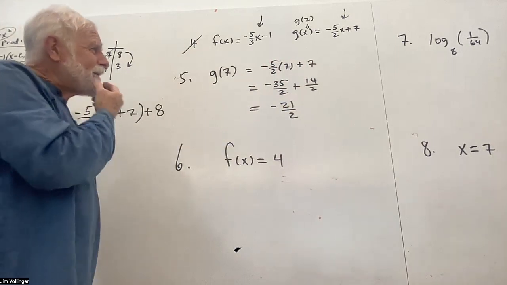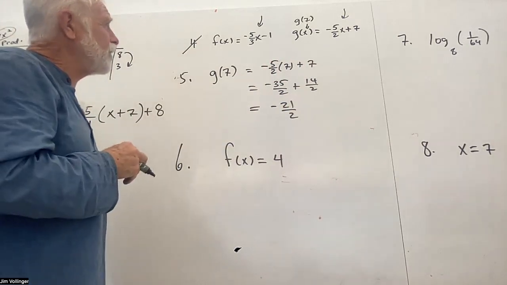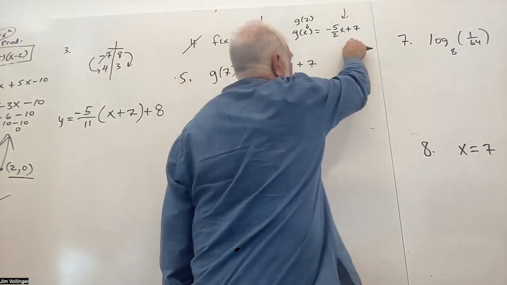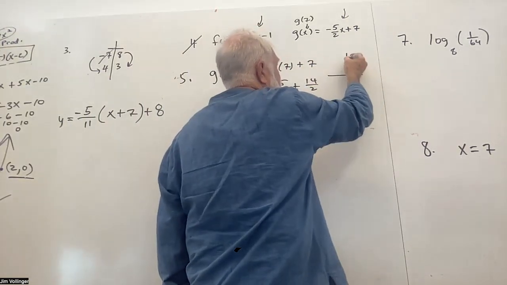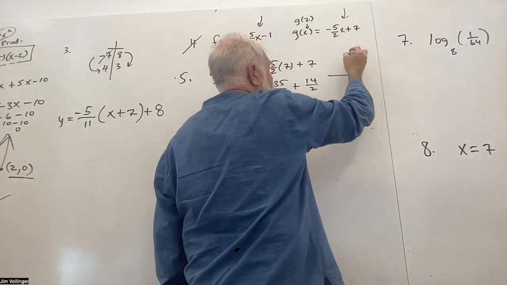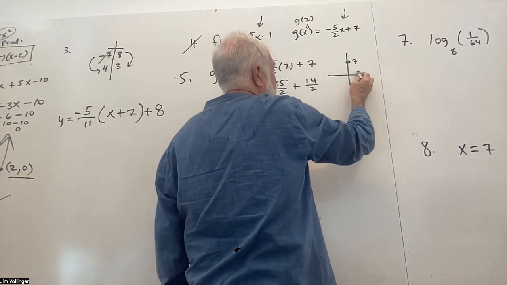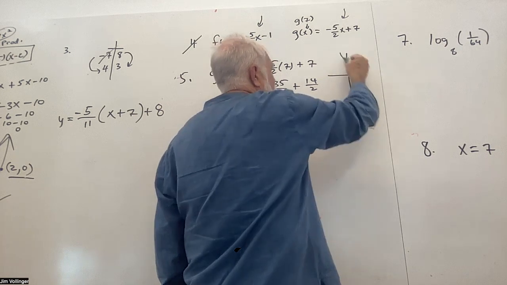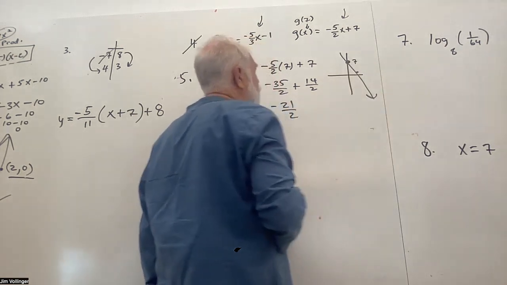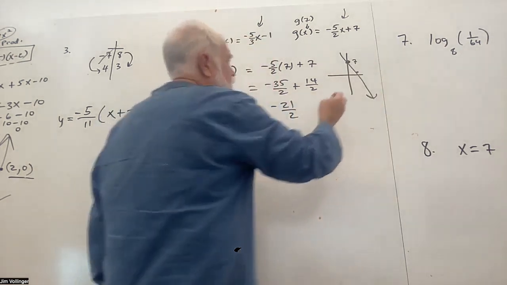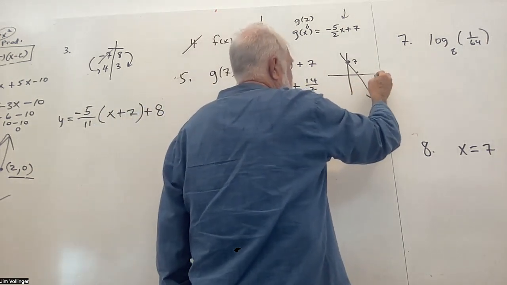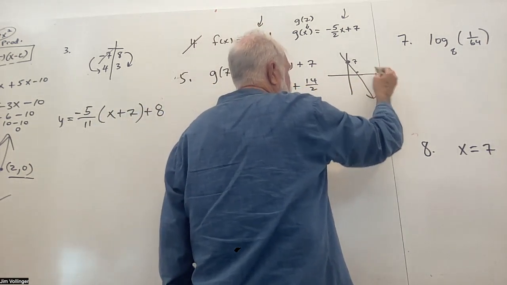Okay. So let's graph this critter real quick. That's in slope-intercept form. 7 is the y-intercept. I'm going over 2 units, down 5. That probably puts me about there. I'm going to graph that. And it sure looks to me as though if this is the x-axis, 7 is probably over here somewhere.